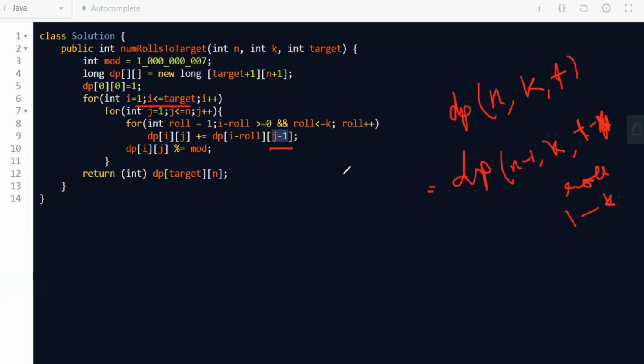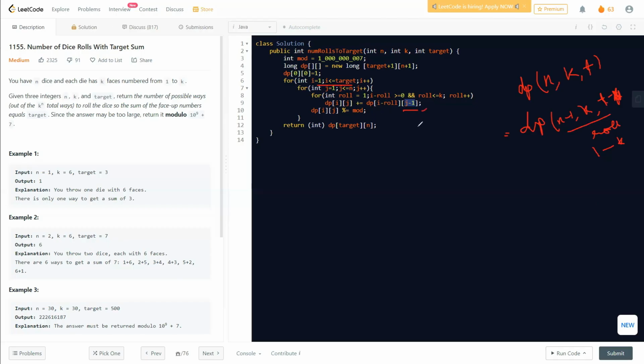So that exactly is the step we are traversing over here. And after we are done with all the roles, we just do a modulus to make it useful for us, or make it within our range. Ultimately, once we're done with this whole loop, we simply return dp of target, and that's done. That's the exact kind of solution we are looking for.